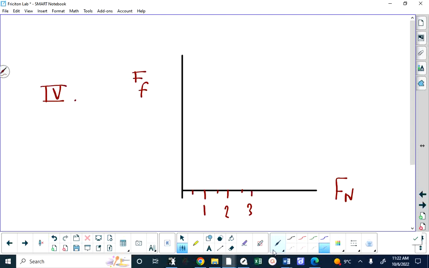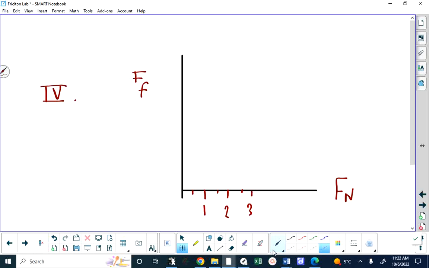I mean, don't make some weird scale like each square is 1.95 newton. Don't do that, because then it's hard to locate those data points. But that way, that will take you to most of the horizontal width of the graph.